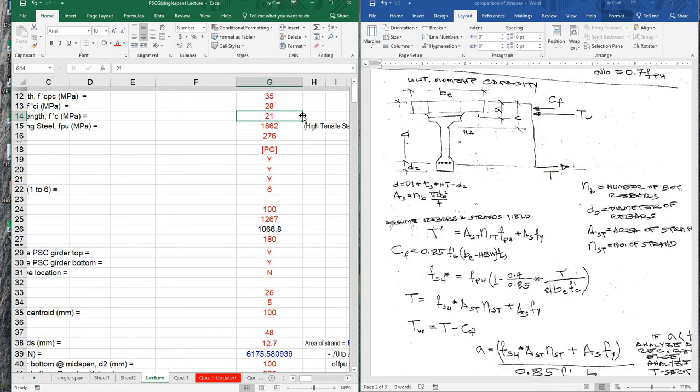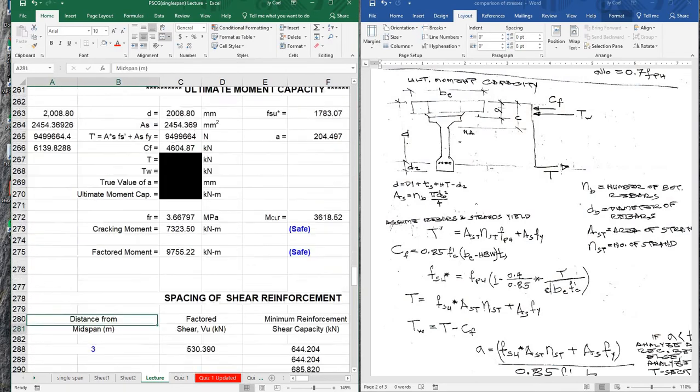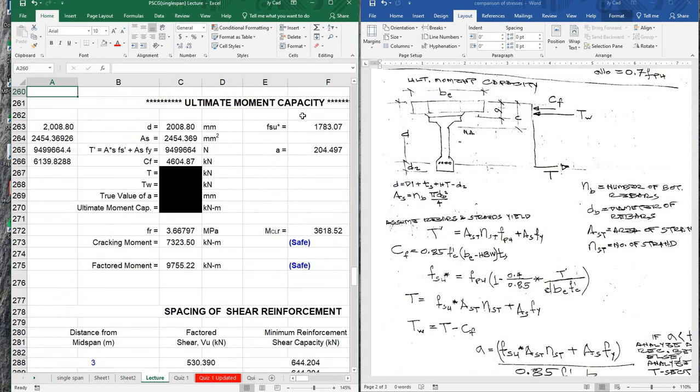Okay. Yun. It should be G14. Yan. O, yan. See? Tumama na.